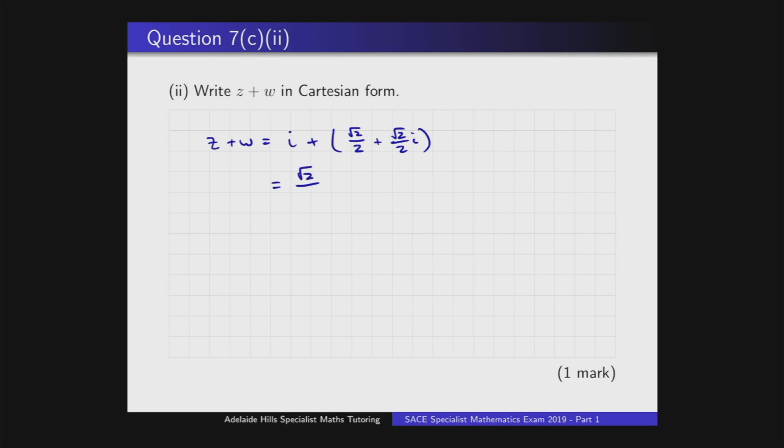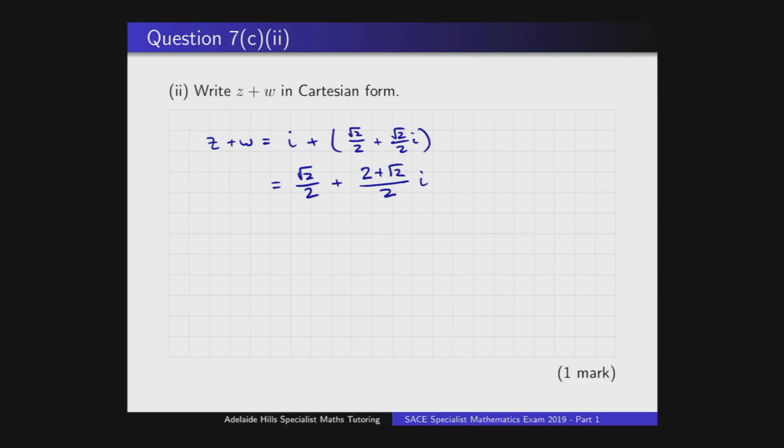Therefore the real part is just the square root of 2 over 2, and the imaginary part is 1, which is 2 over 2, plus square root of 2 over 2, multiplied by i. So that's the real and imaginary part, and that's the Cartesian form for z plus w.